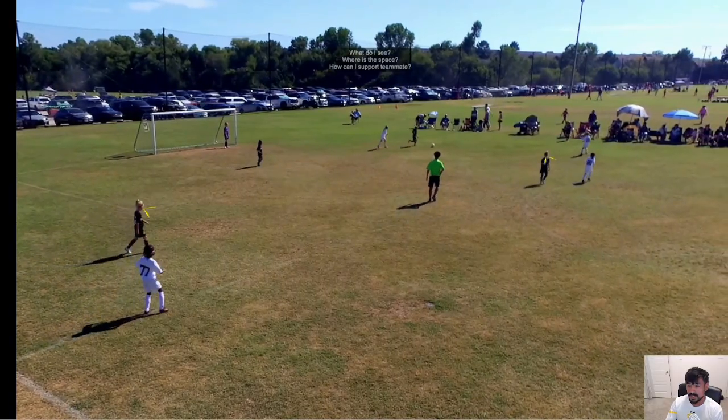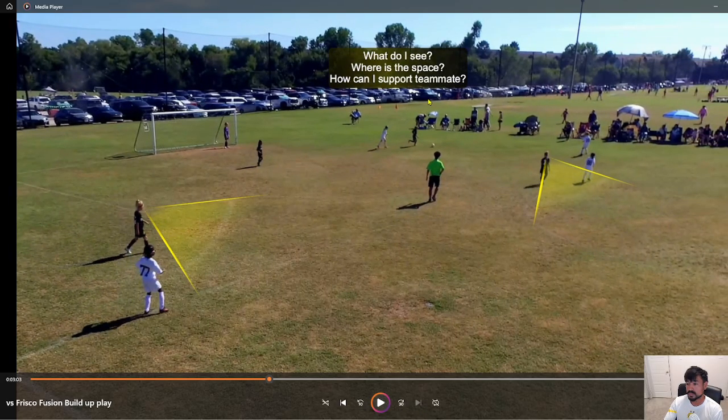I love this from Melanie, taking on the 1v1. So what do I see? So look, ball watching again, ball watching again, ball watching again. Just take a peek, ladies. Where's the space? How can I support my teammate? And real quick, in regards to the number 3, which Melanie is playing right now, the way you've been practicing at practice, you see how you've been taking on players. I need that here, because sometimes you can even pull it back and use these players too.